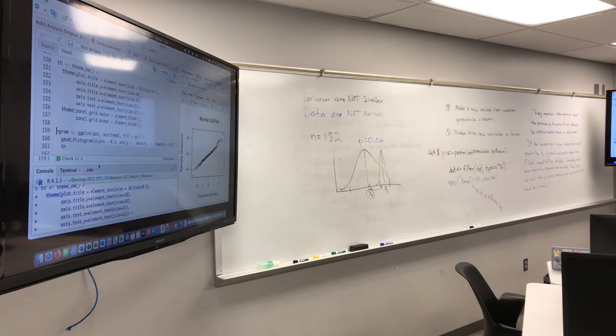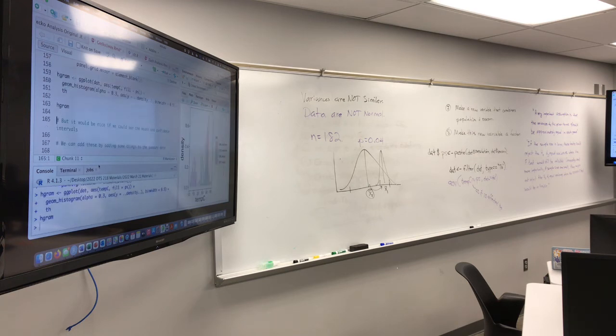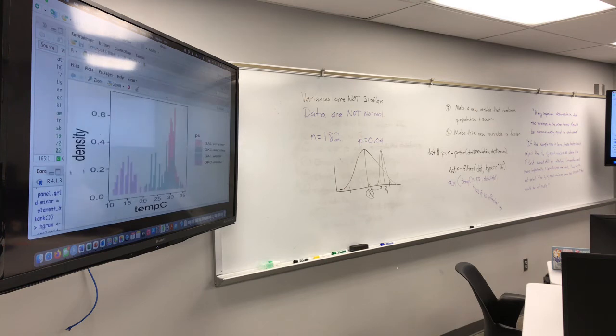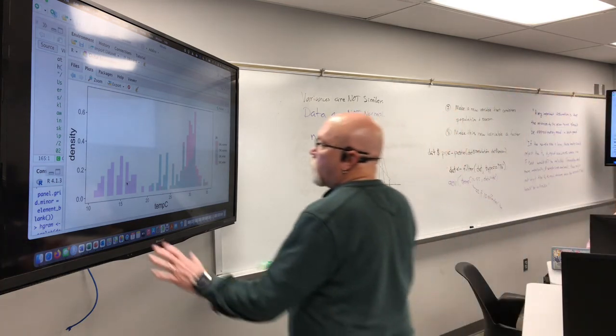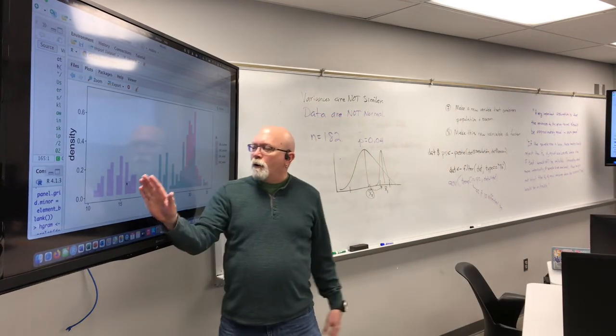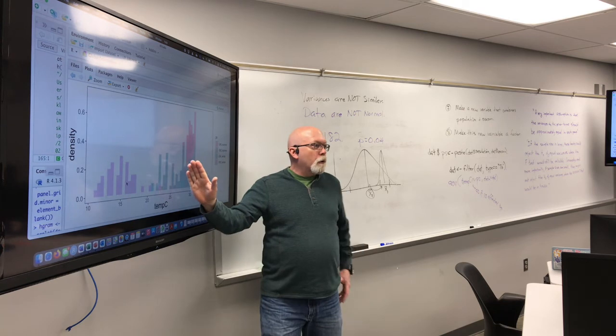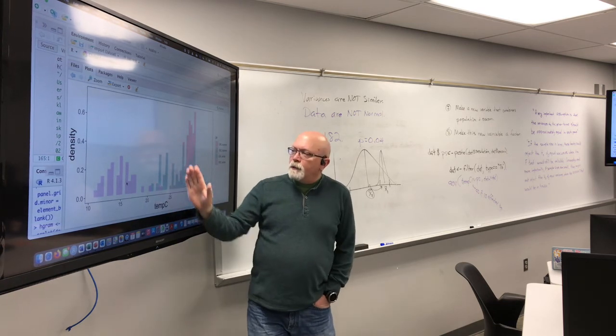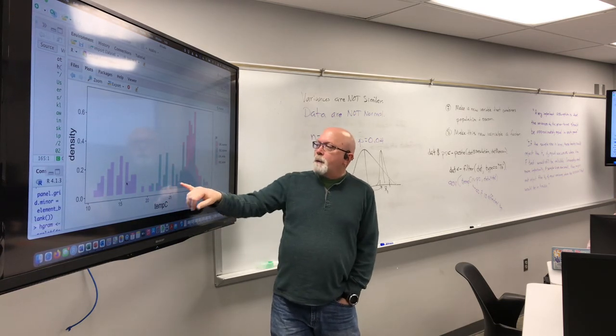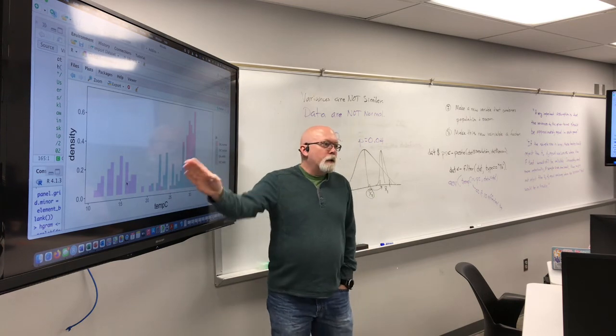Cool. So you run the histogram, and what you should see is that when you look at this histogram, Oklahoma City winter is way over here and doesn't really overlap with Galveston winter. Galveston winter is way over here. It overlaps some with the summer data, but not a lot.